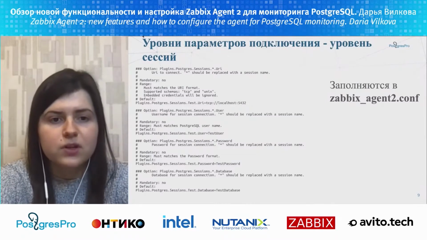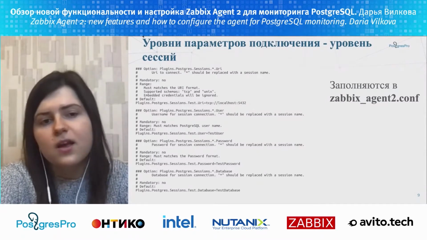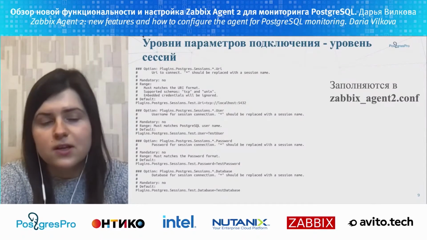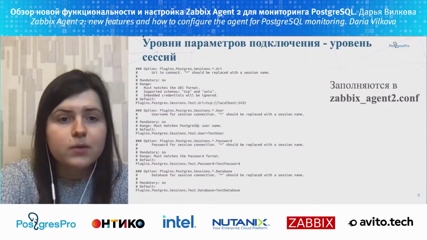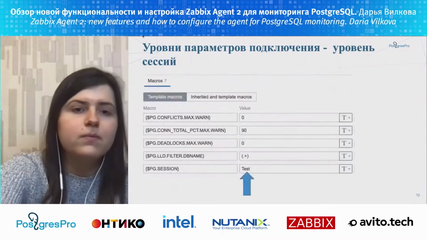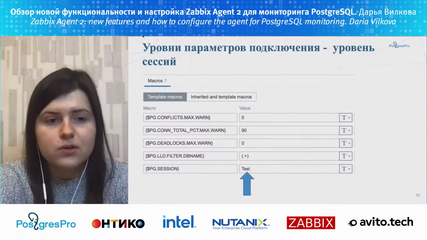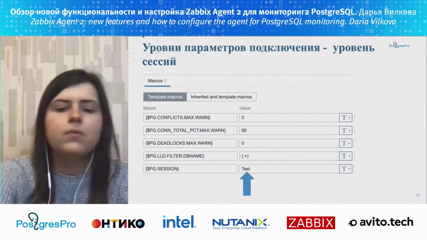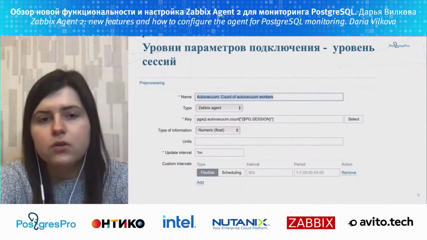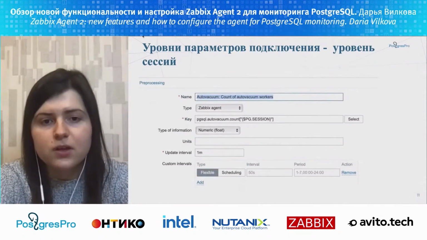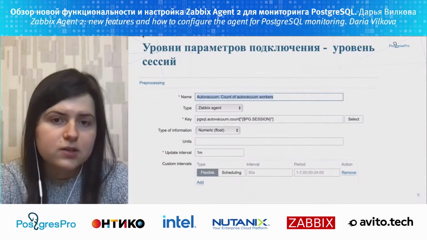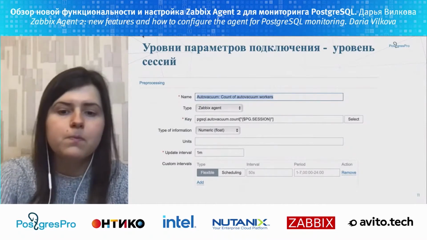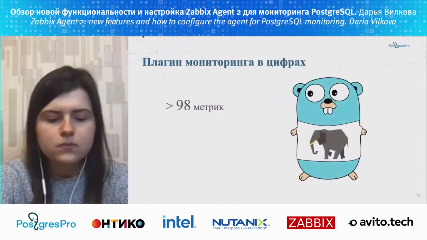We fill out all the required parameters: URI, username, password, database name. Here, like with macros, the first two parameters are mandatory. Next, in the template, we create a macro for the session and fill it out, and for the metric key, we specify the session macro as the only parameter, and that's it.